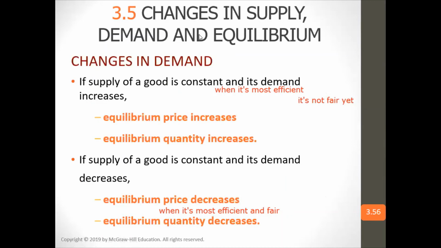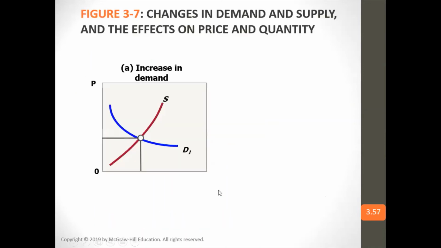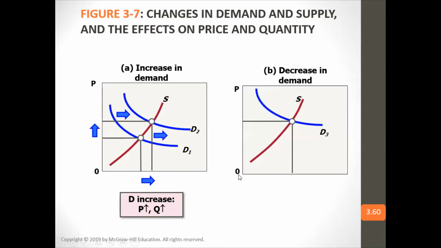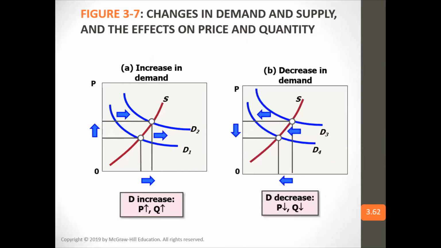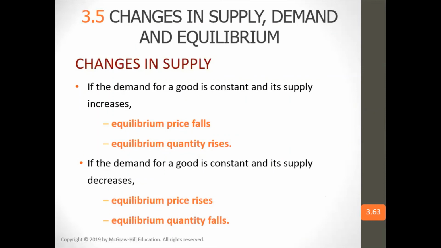So when demand increases, equilibrium price increases, equilibrium quantity increases. And when demand decreases, equilibrium price decreases and equilibrium quantity decreases. An increase in demand: quantity increases, price increases. Decrease in demand: price decreases, quantity decreases.